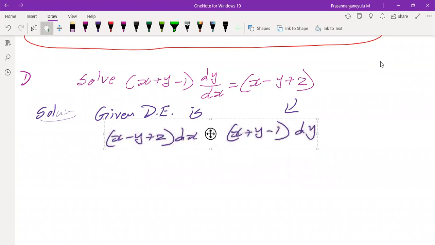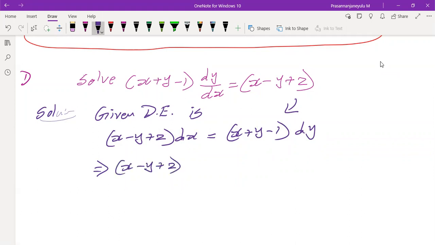Now what I'm going to do is bring the right hand side part also to the left hand side. What I will get: (x minus y plus 2) into dx minus (x plus y minus 1) into dy equals 0.